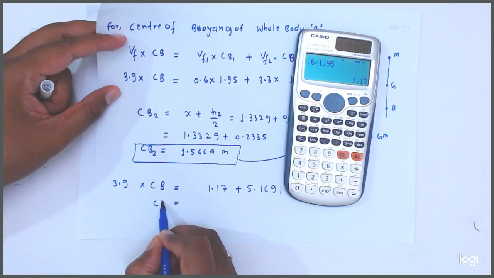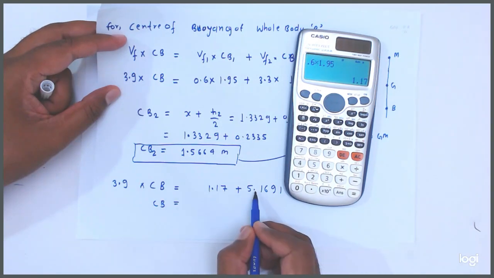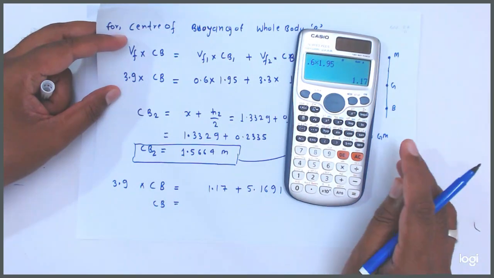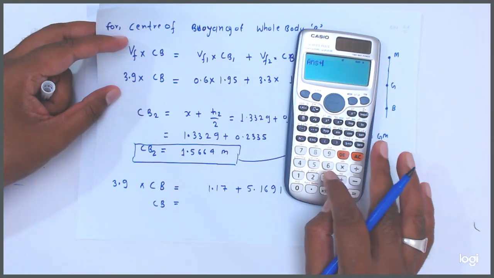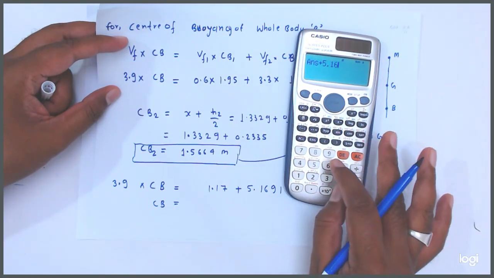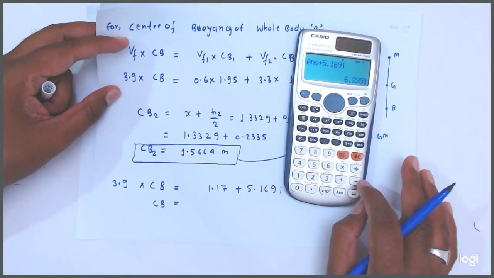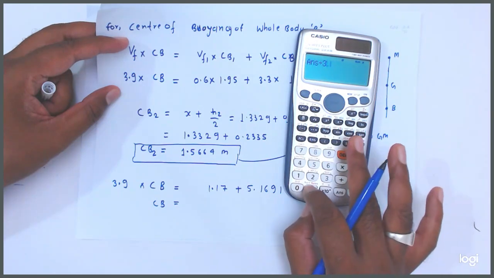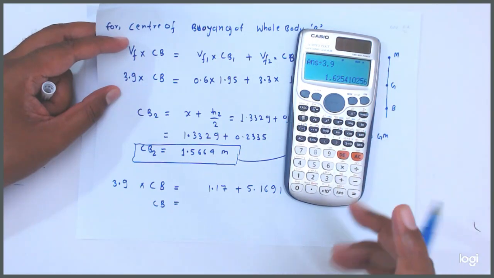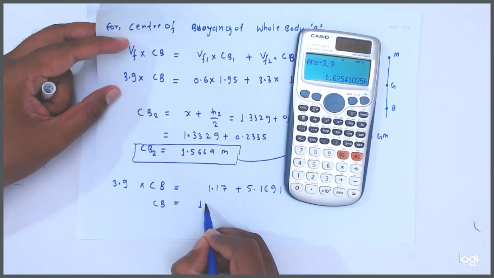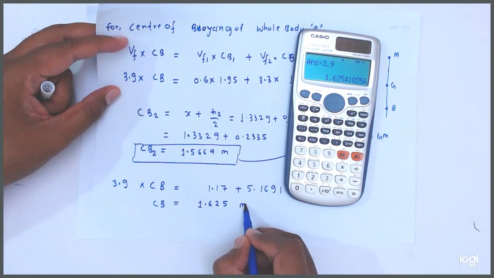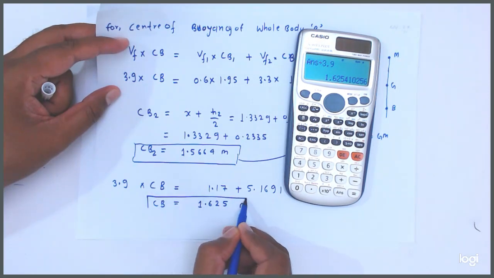So the CB distance is: we add 1.17 plus 5.1691 and divide by 3.9. So it will come, friends, 1.625 meter. This is the CB distance.